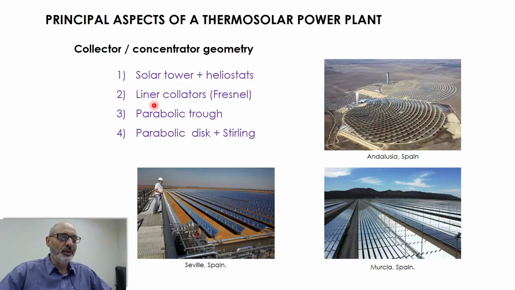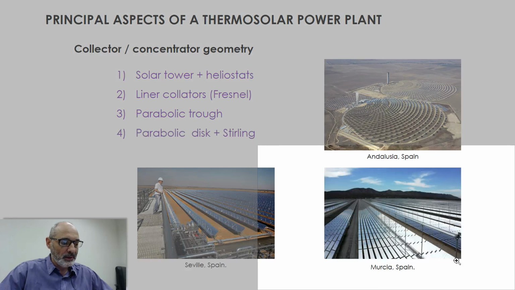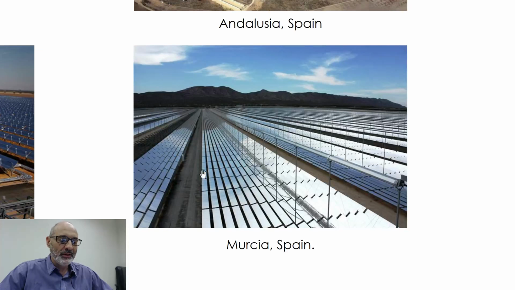Another possible configuration is linear collectors, such as Fresnel lenses, and they are composed of a series of, again, flat mirrors that move individually in order to concentrate the sun's energy on a line.